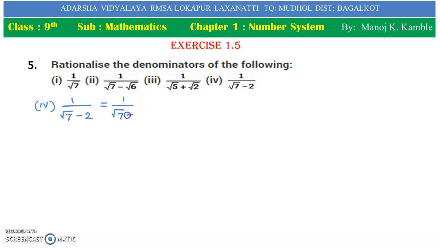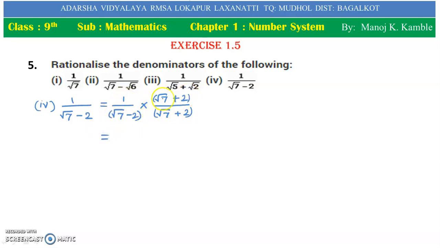Square root of 7 minus 2. Okay, for the rationalization purpose, we make it as square root of 7 plus 2 whole divided by square root of 7 plus 2. So make it a bracket.